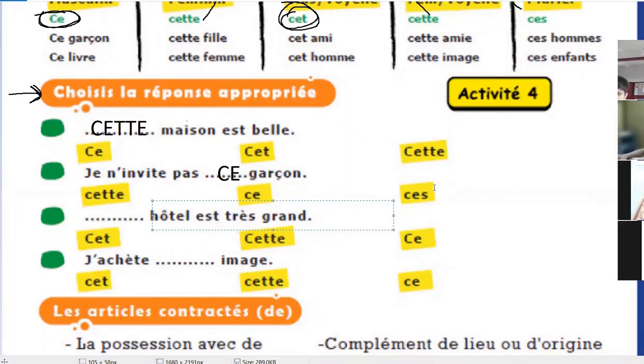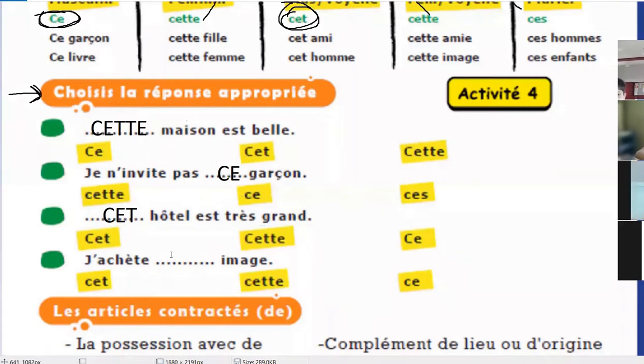Ayush, Arjun, very good. So with a singular noun starting with a vowel, we use CET. So you will say, cet hôtel est très grand. Très grand means very big. This hotel is very big.